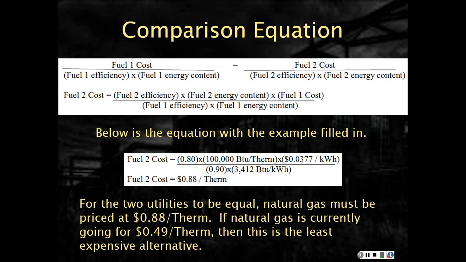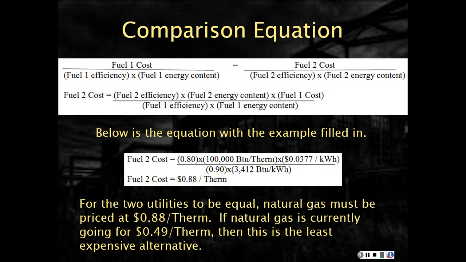In other words, I'm trying to find out where the cost of fuel 2 actually equals the fuel cost 1, or where does the process equate with each other. If I plug in the value from the example from the previous slide, it turns out that natural gas would equal the electrical process if gas cost 88 cents per therm.